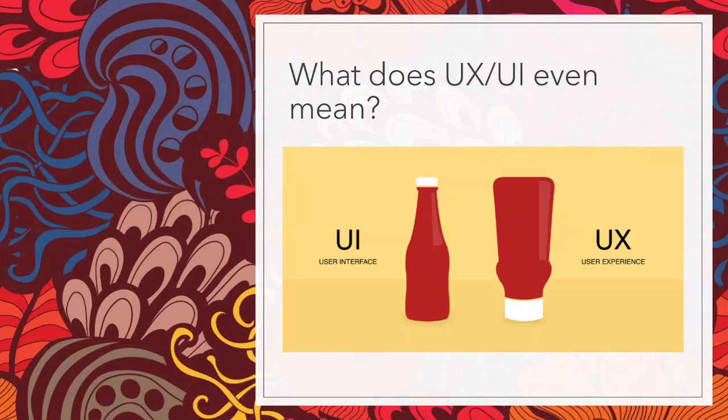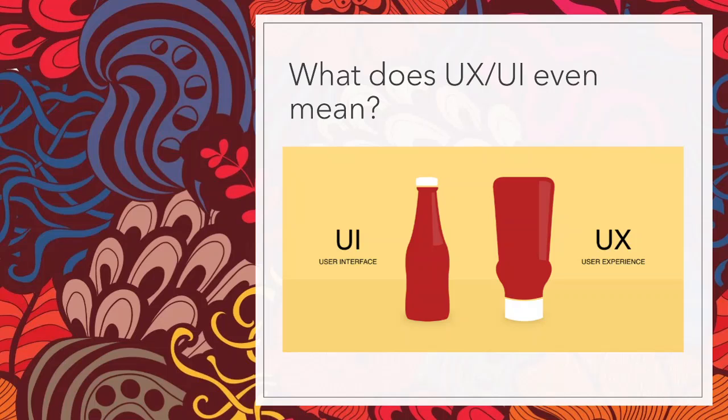So we see with the user experience ketchup bottle, that it's the upside down kind, because dealing with the experience of a ketchup bottle is a little different from the functionality of a ketchup bottle, which is usually how UI is defined. UI is all about functionality and implementation, more about getting the job done rather than caring too much about how the person using this product feels.